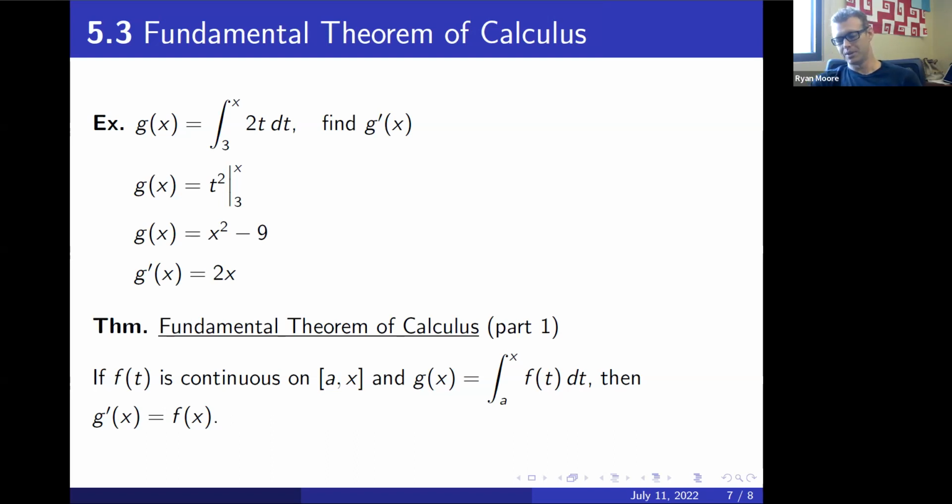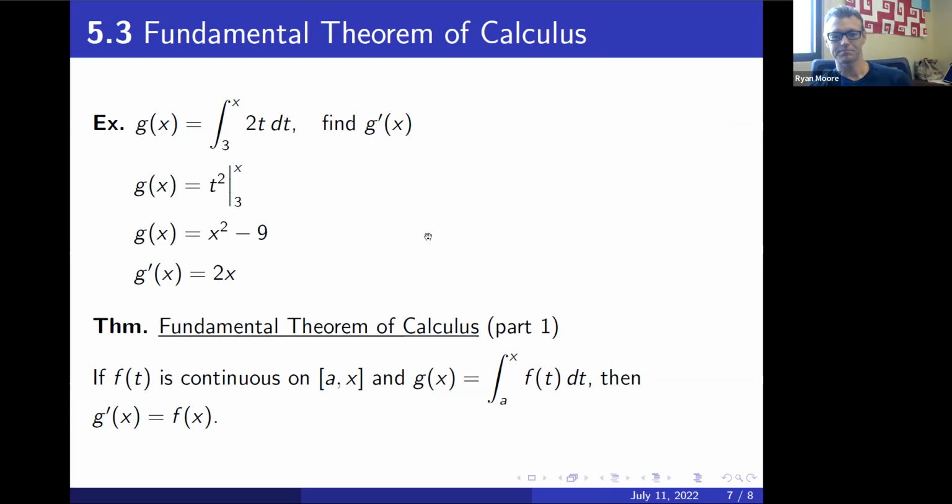So okay, what does this say? If f of t is continuous on the interval from a to x, and g of x is defined as the definite integral from a to x of f of t dt, then the derivative of g of x is equal to f of x.